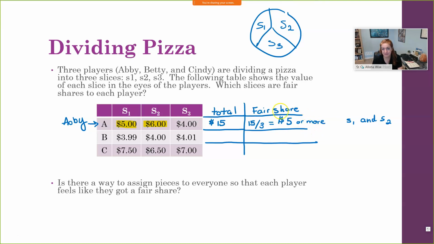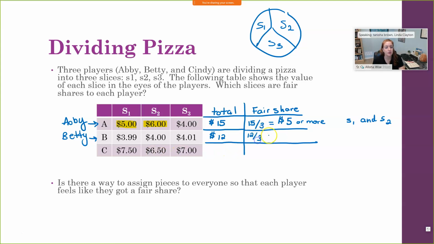Oh, gotcha. Okay. So how about Betty? Betty values these things a little differently, which is fine. We're going to do the same idea. I need to total that up. Did anybody total this up? Not yet. I think it's 12. It is. It's 12. Cool beans. So to find her fair share, what do we need to divide 12 by? 3. Good.